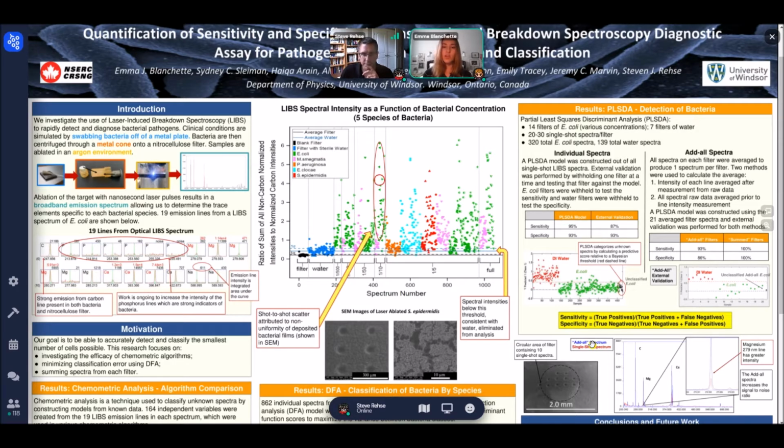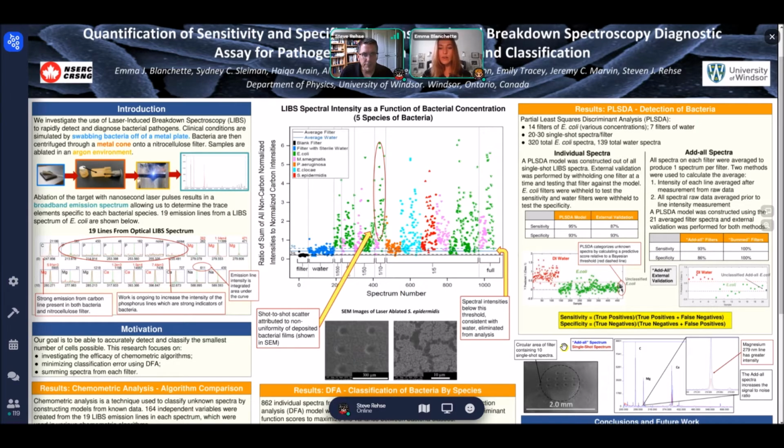And you can see from this large red circle or oval here that we have a huge amount of scatter in our data. We have points that have very, very high intensity at the top and very low intensity resembling that of water at the bottom. So this low intensity poses a huge problem for us when it comes to bacterial detection.